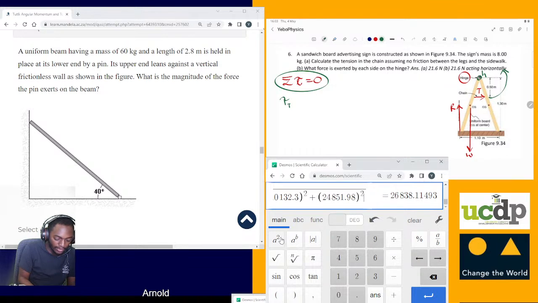Then this one also is going to be positive, so plus torque of the weight. Plus this one will pull it in a clockwise direction, so this will be negative. Ask yourself, what are we looking for? Tension. So you might as well make the torque due to the tension the subject.